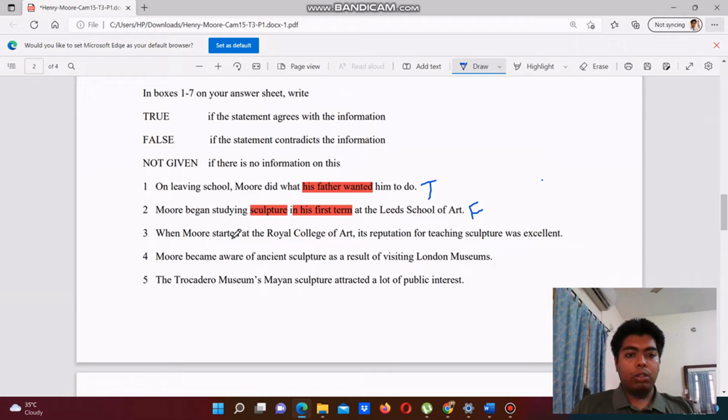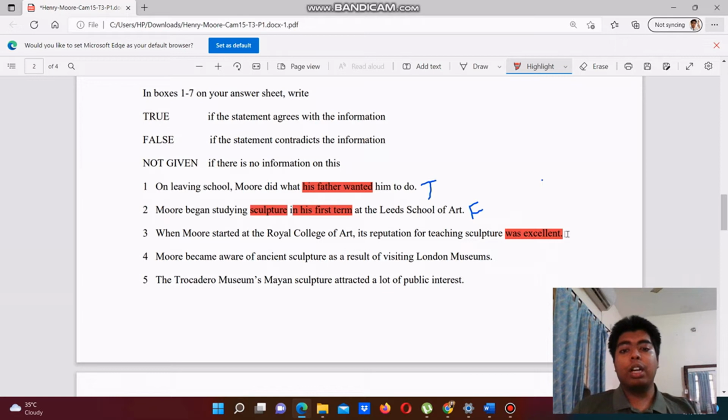When Moore started at the Royal College of Art, its reputation for teaching sculpture was excellent. So here, if the reputation of teaching sculpture at the Royal College of Art was excellent, then it will be true.